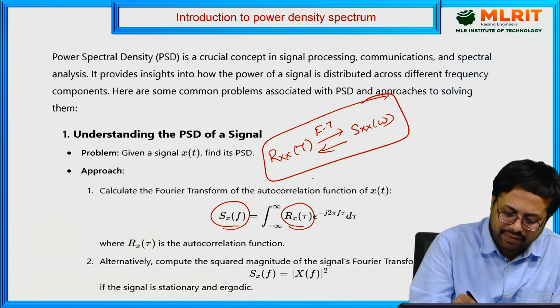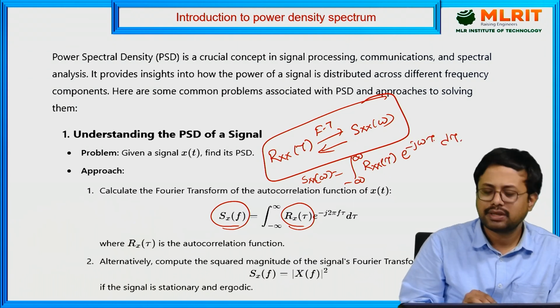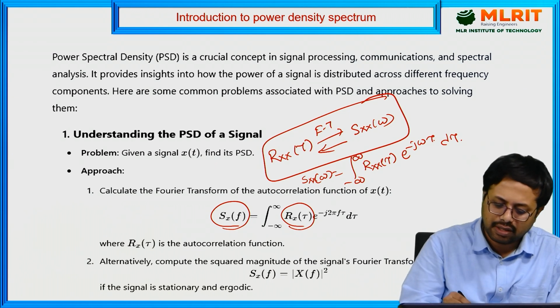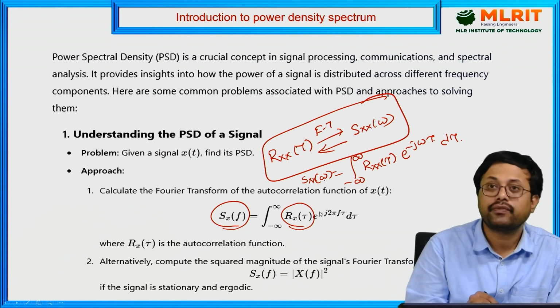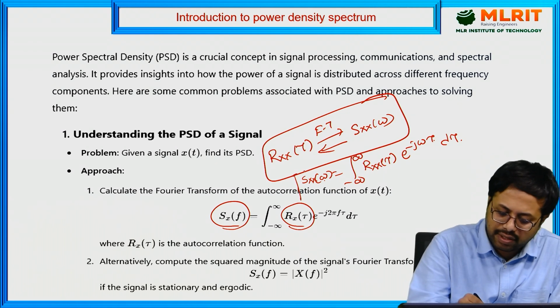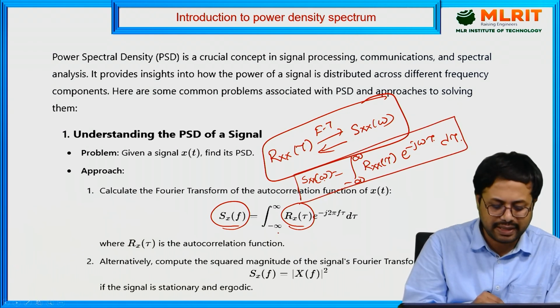Generally, the definition is S xx of omega is equal to the integral from minus infinity to infinity of r xx of tau e power minus j omega tau d tau. In place of omega you can also have f. This is the formula for power spectral density in terms of the autocorrelation function.